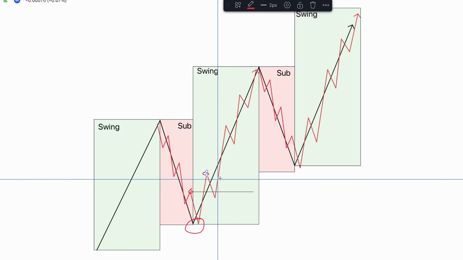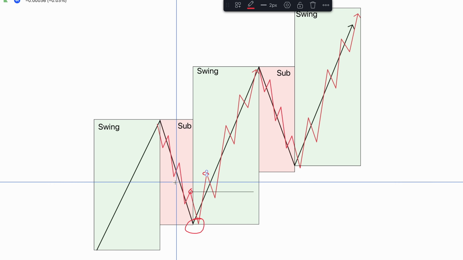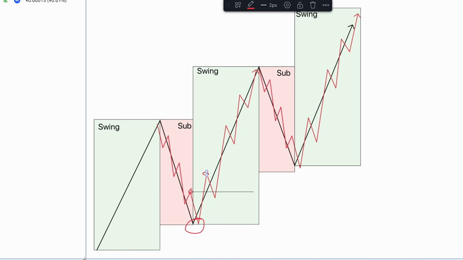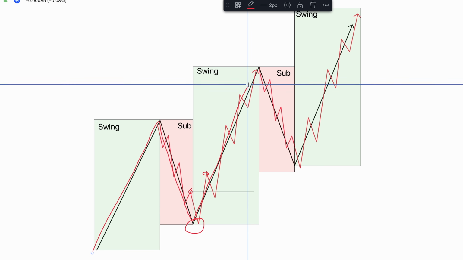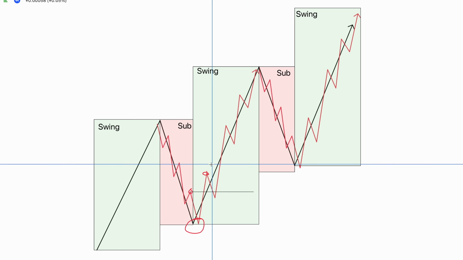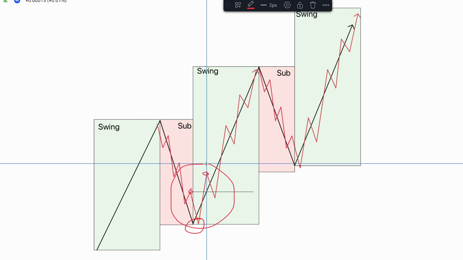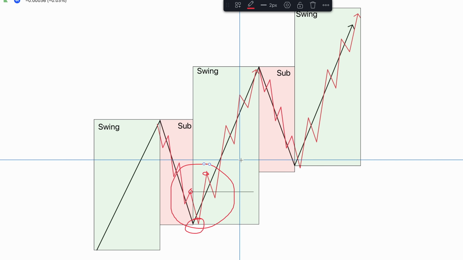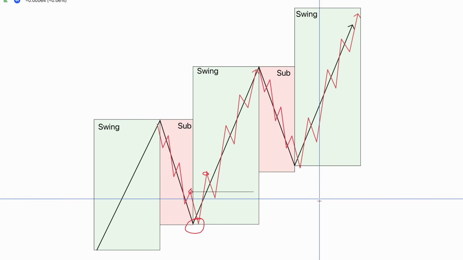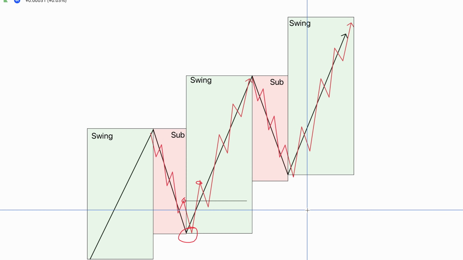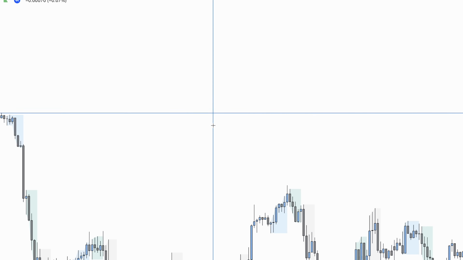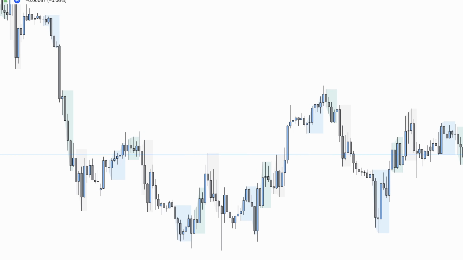Well, this would be the validation of a bullish movement on the lower time frame. We have validation of bullish movement on the higher time frame. So as soon as we get this agreement that we're seeing in this area here, that confirms setups and gives us the highest probability way to get into trades. Now, I don't want to confuse you with this too much, so let's jump back over to the charts and we'll show you how that works in reality.